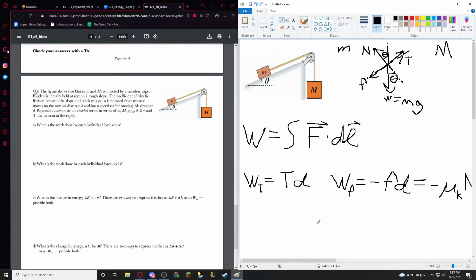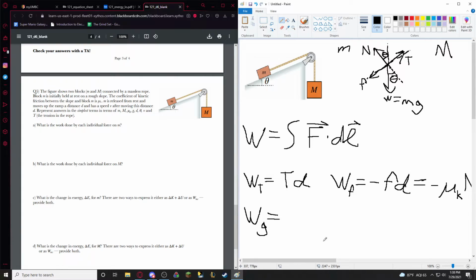So now how much work is being done by gravity? For gravity, the work done would be mgh, but in this case we don't have h, so h would be d times sine of theta.